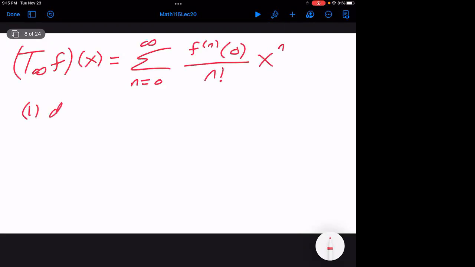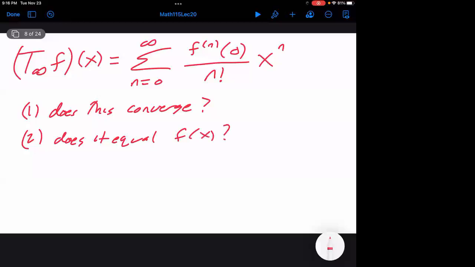So one, does this sum converge? Two, does it equal f of x? And what's interesting is there are situations where the sum does not converge, and there are situations where the sum converges but does not converge to f of x.